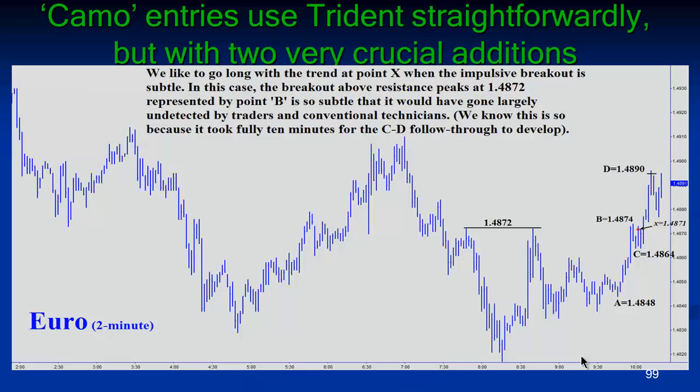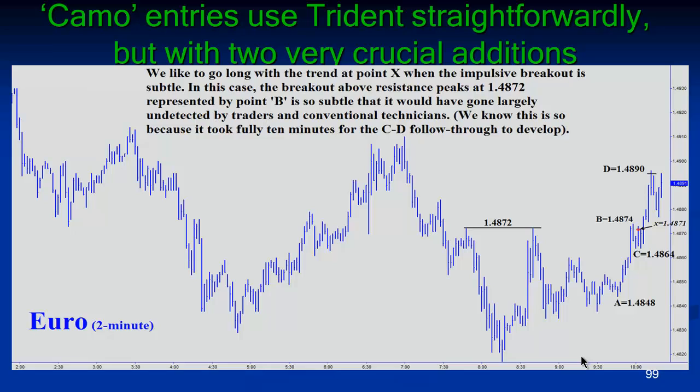Essentially, camouflage trades are trades where we're looking at targets, hidden pivot targets on big charts, and when we get near those targets, if, for instance, it's a rally target and we want to get short there, rather than get short at the target and catch the speeding bullet or stand in the way of a speeding freight train, we'll zoom down to a chart of much lesser degree.